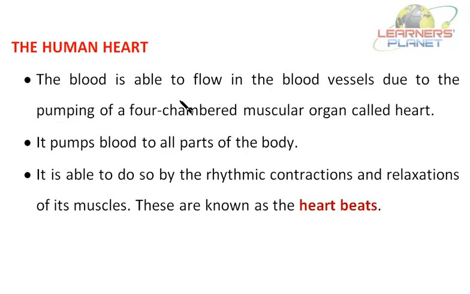Students, the heart is the body's engine room responsible for pumping life-sustaining blood via a 60,000-mile long network of vessels. The heart works ceaselessly, beating 100,000 times a day, 40 million times a year.